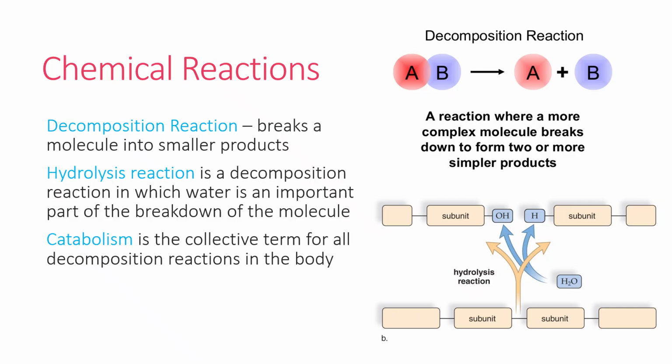We start here with this big, long chain of multiple subunits. And what we do is we add water, H2O. Hydrolysis: we're going to cut that water, and half of it is going to go on this subunit and half is going to go on this subunit, and we've now broken the bond between these two subunits. So in hydrolysis, water breaks apart the bonds between these two molecules.